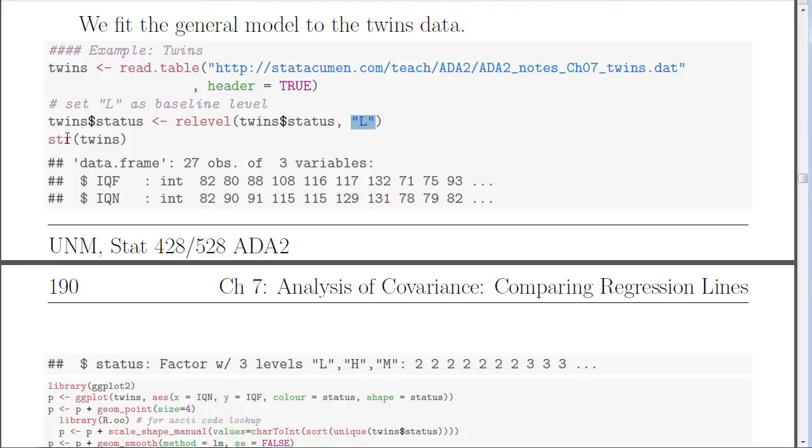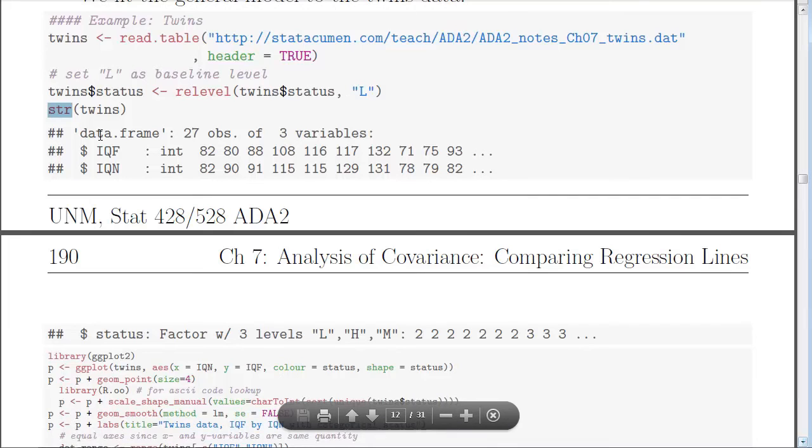And when we look at the structure of the twins data set, we see that we have integer variables for the Foster and natural IQs, but the status now, this by default would have been alphabetical, right? So if I know my alphabet, that would have been H, L, M. But because I've done the relevel, now L appears first.